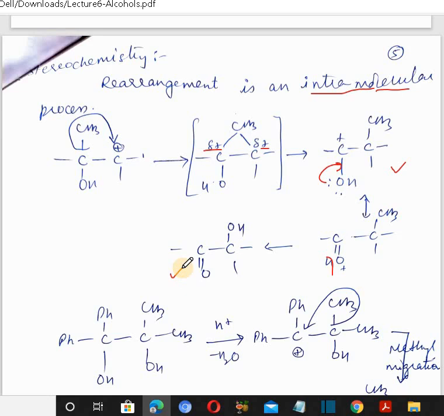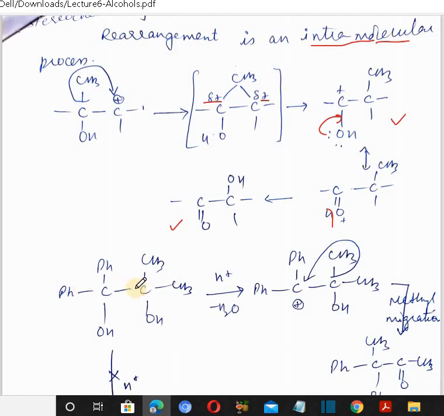In this general reaction, suppose these groups are attached, that is, to one carbon 2 phenyl groups are attached, and to the other carbon atom 2 methyl groups are attached. So the question is, which group will move to the other carbon?